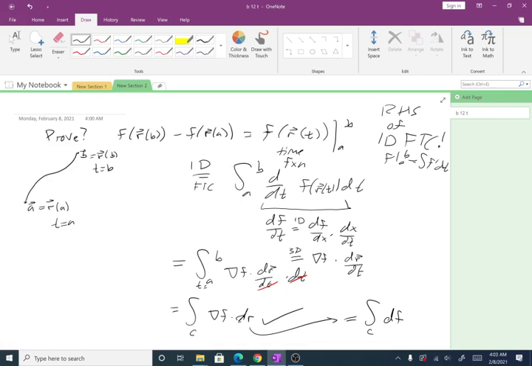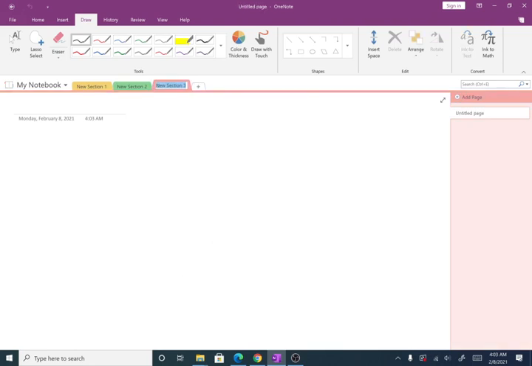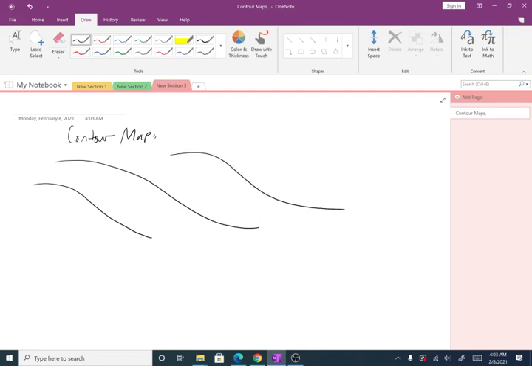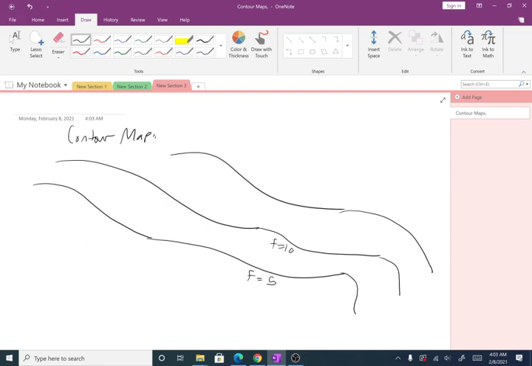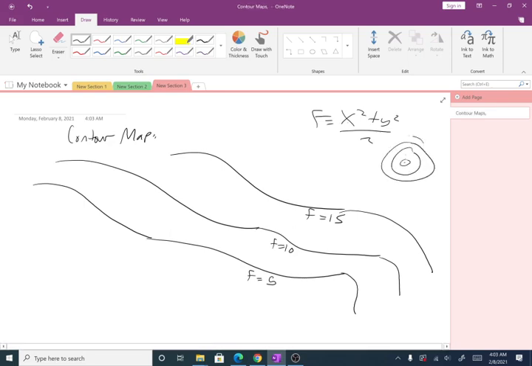Okay, so it's worth noting that this actually has a nice geometrical interpretation. Let's say we have a level curve contour map. Let's say this contour is f equals 5, this is f equals 10, and this is f equals 15. As you move up the contours, you're increasing f. For example, x squared plus y squared over 2 would have contours looking like concentric circles.